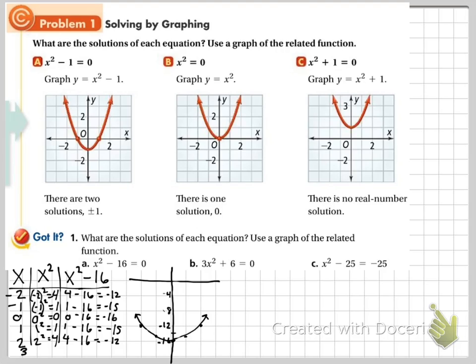If I plug in 3 squared is 9. 9 minus 16 is -7. So at 3, I'm going to put a dot at -7. If I connect that one in, still don't cross yet. If I put in 4 squared is 16. 16 minus 16, that's 0.